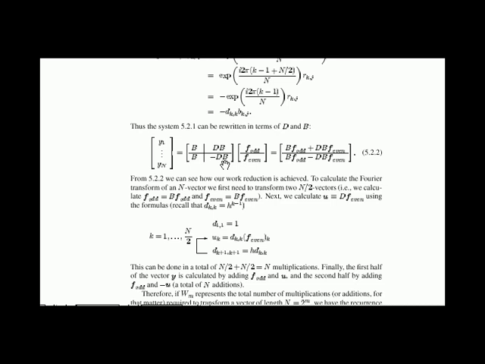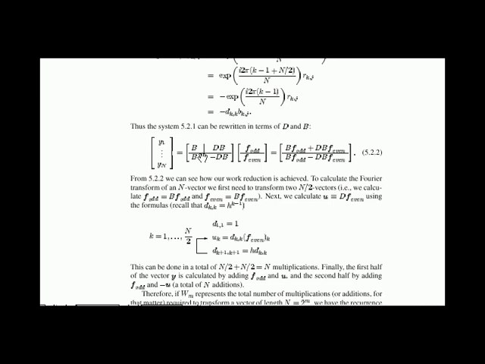Well, now that's assuming that n is a power of 2, so that you can break each one down into even parts. In other words, to do the n by n multiplication, you can break it down into n over 2 by n over 2 parts. Then to do the n over 2 by n over 2, you have to break it down similarly, recursively, to n over 4 by n over 4. So we're going to assume that n is a power of 2.